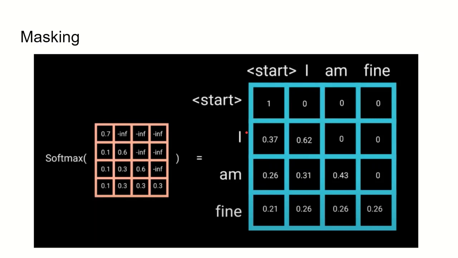So this allows us to have the same amount of information for each word that we would have had if we had performed training recursively, passing it in one word at a time. And so this allows us to perform training in a single step, rather than having to do it recursively.